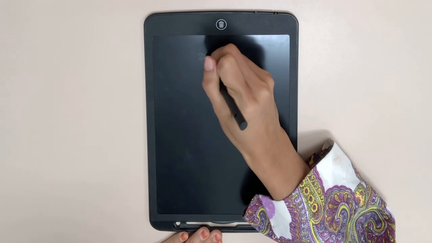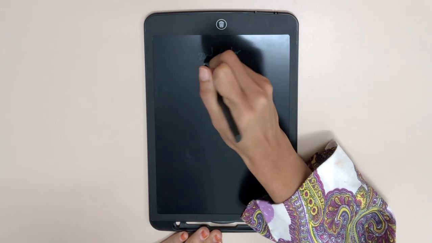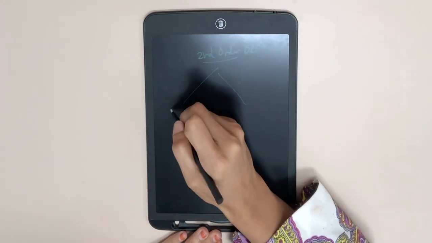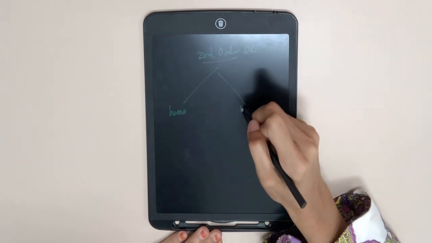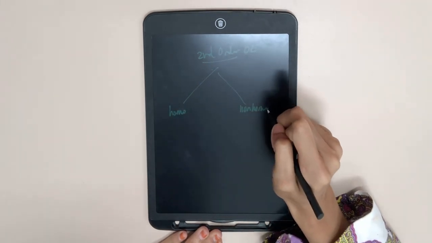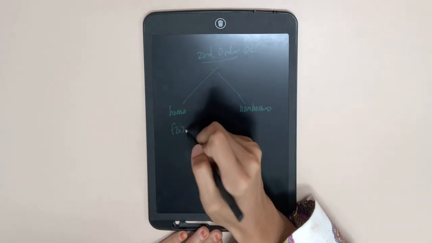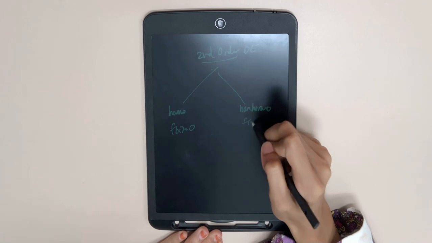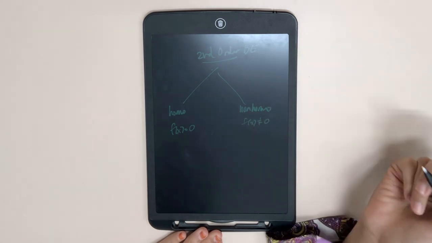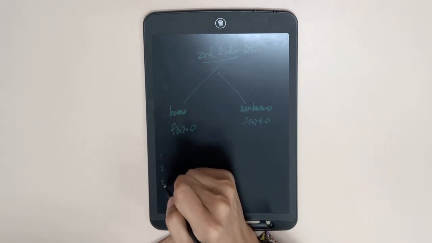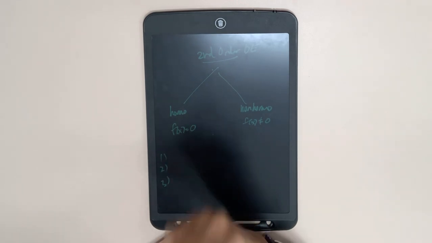In this chapter, second order differential equation, we have homo and non-homo. Homo means your f(x) equals 0, and non-homo means that your f(x) is not equal to 0.